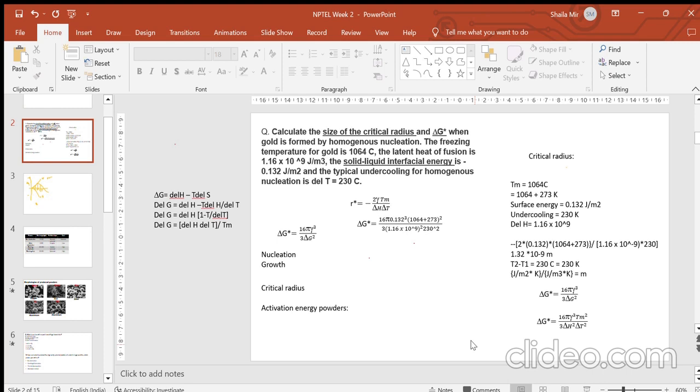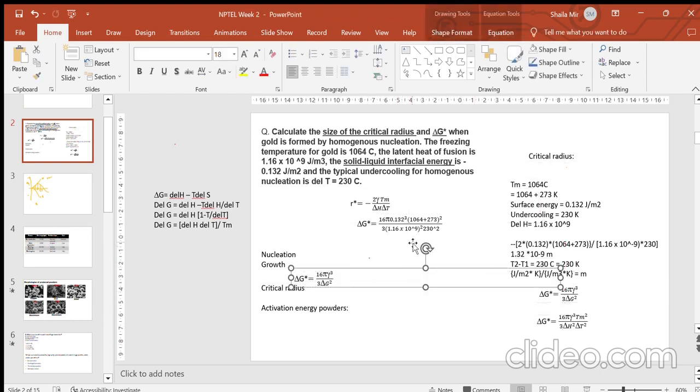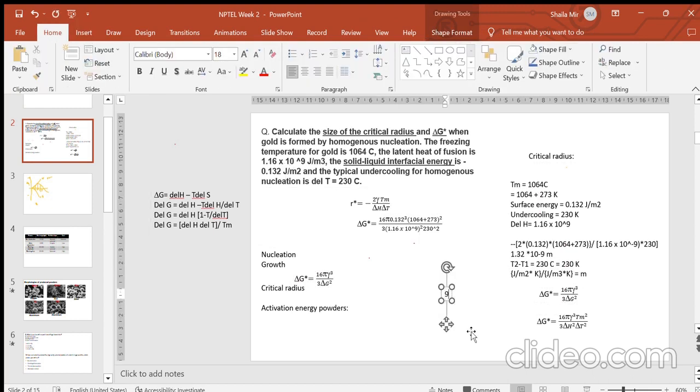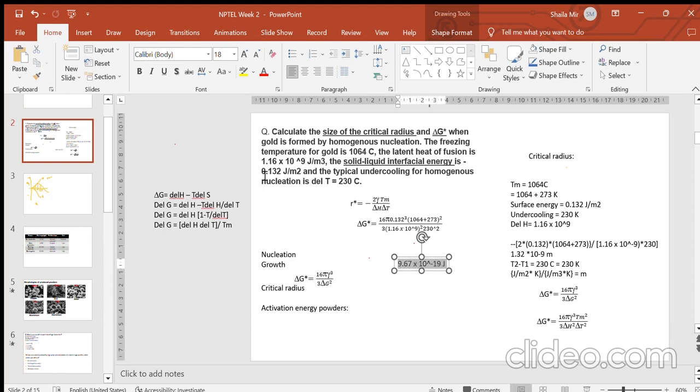So the answer is 9.67 into 10 to the power minus 19 joules. So this is the amount of energy that is required for the solidification in this question.